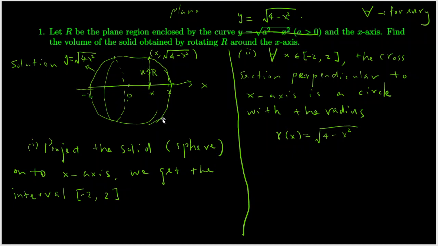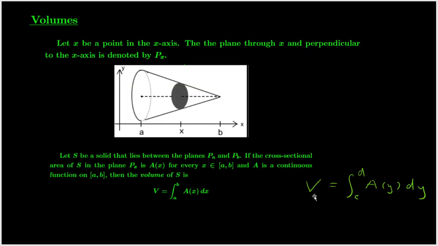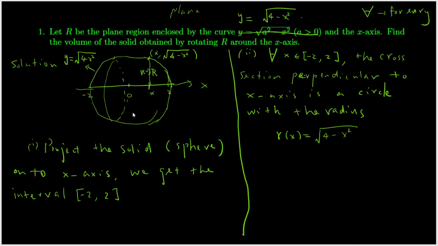The formula we are going to use to compute the volume is the following. We get the interval first. To get the interval, we project the solid onto the x-axis. We have an interval from -2 to 2. You just imagine the x coordinate ranging between -2 and 2. That's how we get the interval.